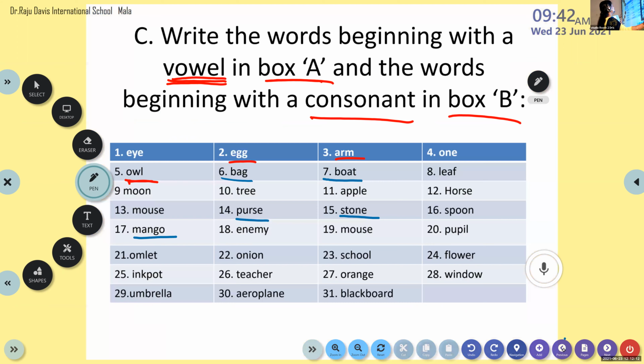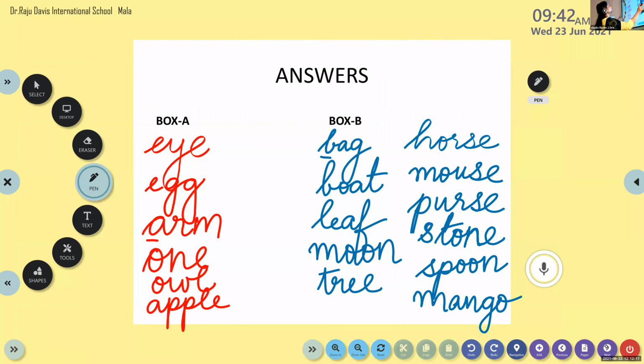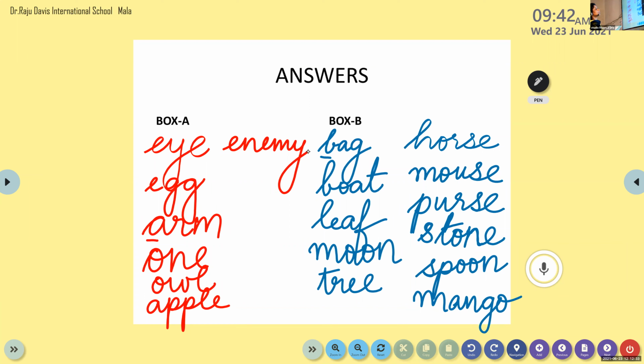So we have to write the word enemy in, all of you please write the word enemy, E-N-E-M-Y, enemy, in box A. Nainika, did you get a chance?